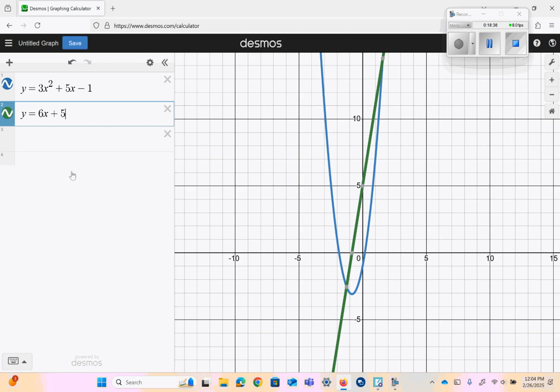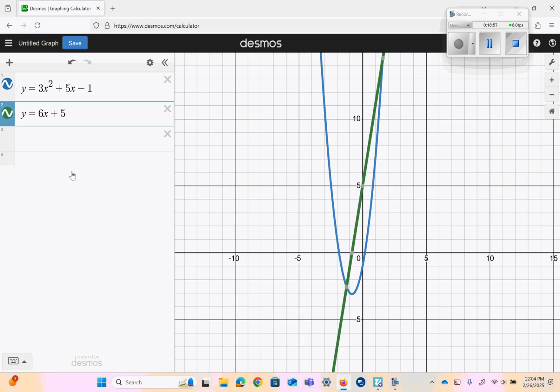Something I want to show you about the derivative that you might not know. We went from a quadratic, and the first derivative of a quadratic is linear. Quadratic means parabola, linear means it makes a straight line. Do you see this point right here that crosses the x-axis?